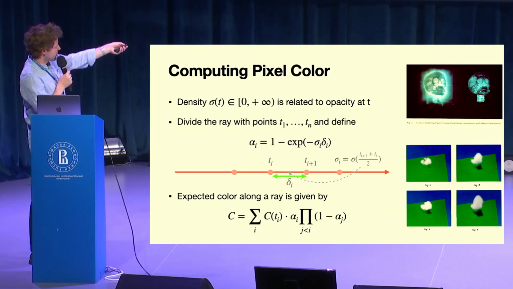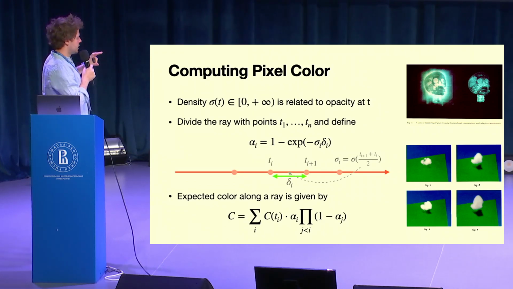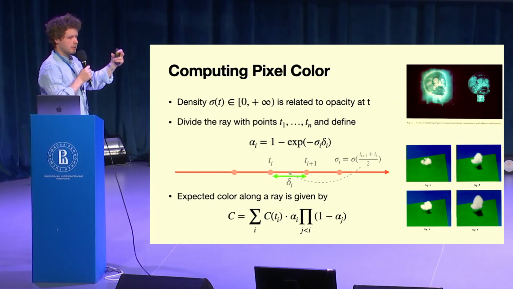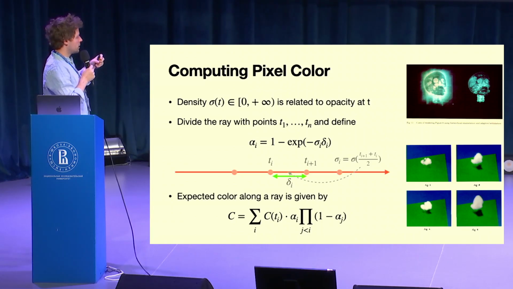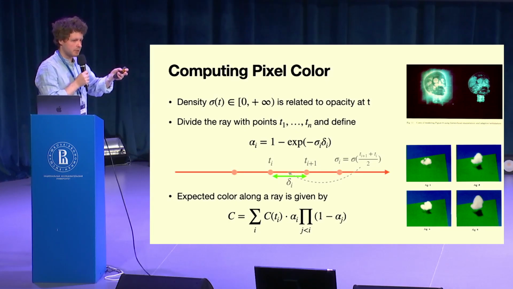So this discount term, I'm pointing at the product. The product will be non-zero only if all the alpha values before the position i are close to 0. They are transparent.